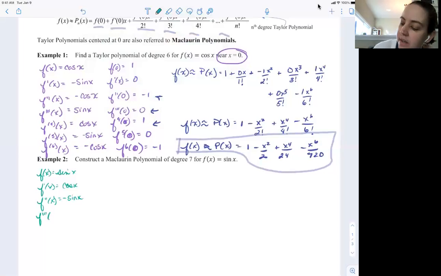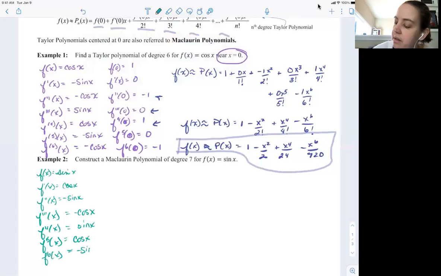The third derivative is negative cosine. The fourth derivative is positive sine. The fifth derivative is cosine. The sixth derivative is negative sine. And the seventh derivative is negative cosine.